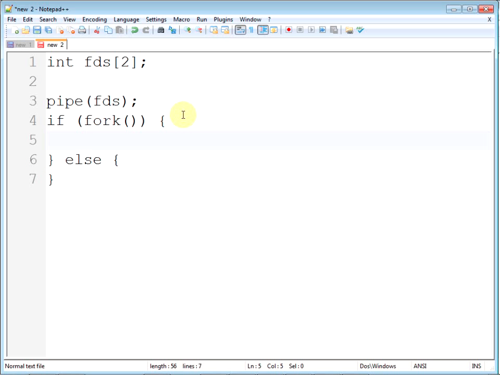If it returns a number, that's a parent, right? If it returns a 0, it's a child, right? So if it returns a value other than 0, that means it returns a child PID. So the parent gets the child PID, but we just threw it away, right? So this is a child.